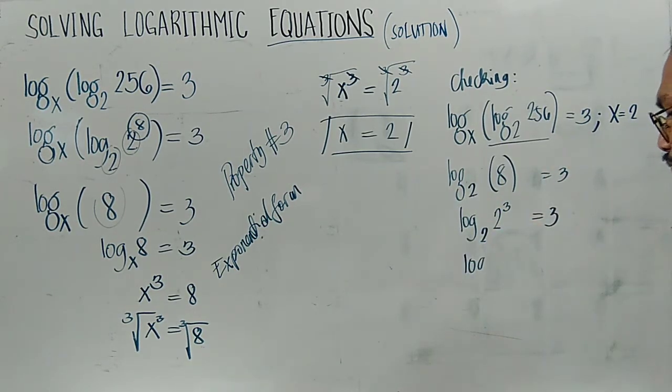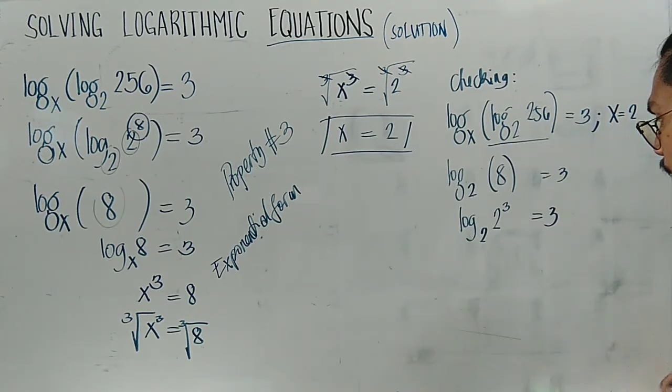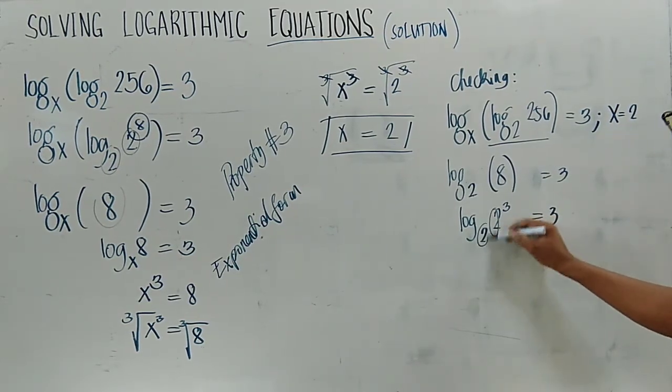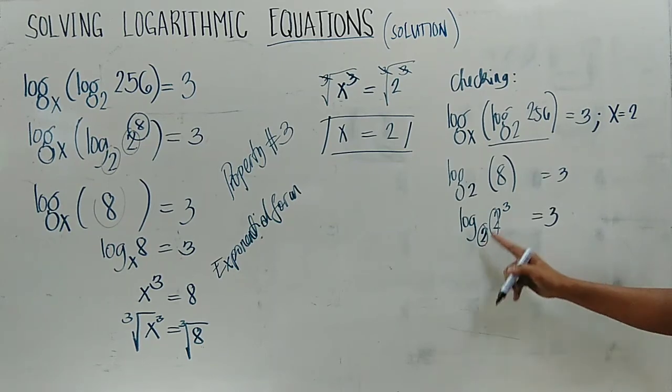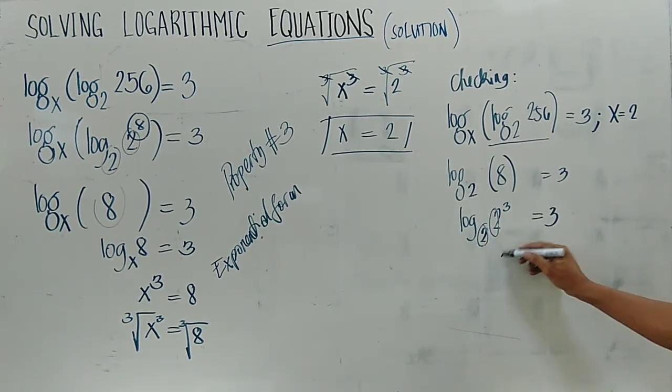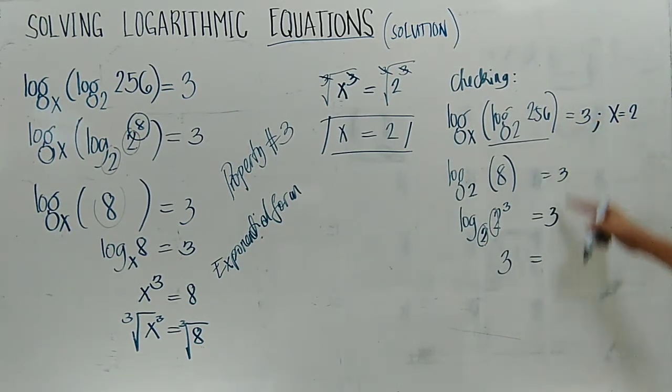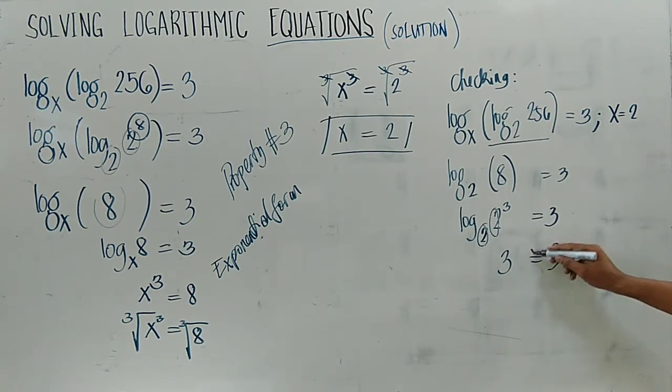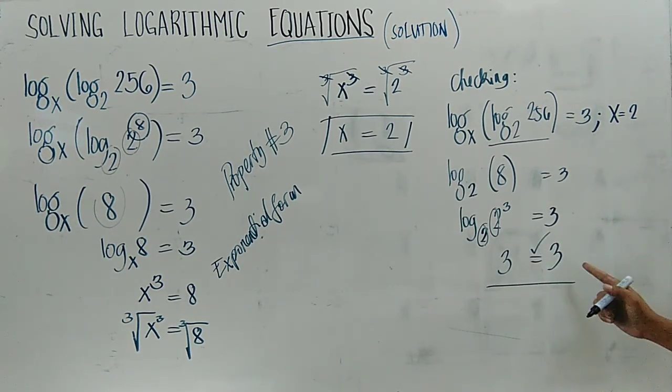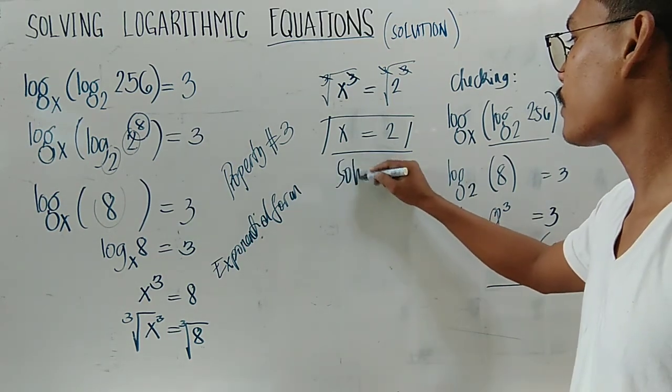Now we have to use property number 3 again. The bases are equal, which is 2. Therefore, we copy 3. So is 3 equal to 3? Of course they are. Therefore, x equal to 2 is our solution.